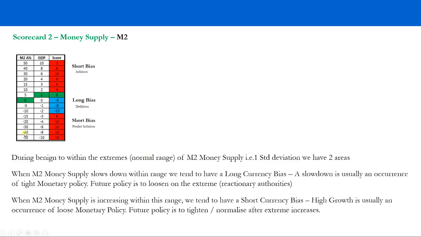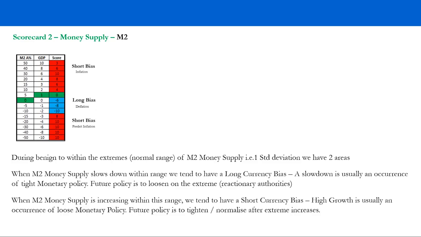And on the extreme situation, so if the Fed has been decreasing money supply on a weekly annualized basis by a large amount, it's a prediction that it's not going to be the case for a very long time because normality is to loosen. So on the extreme negatives, we tend to have a short currency bias predicting future inflation.